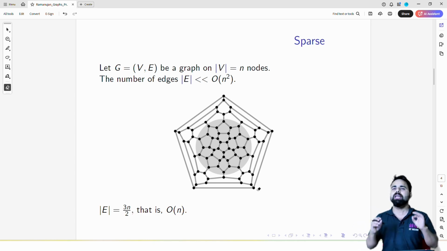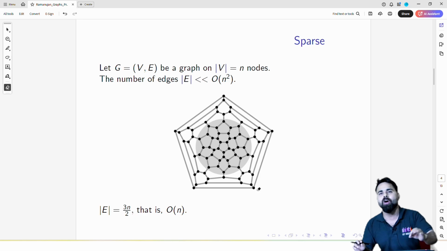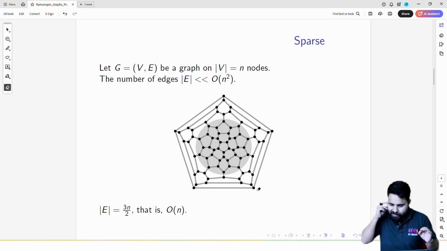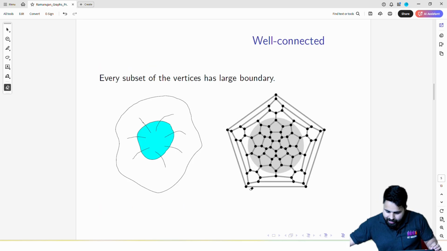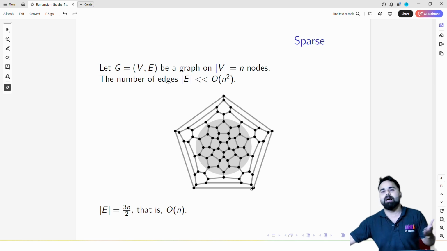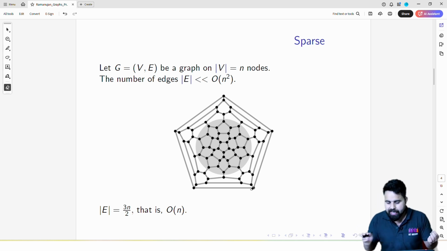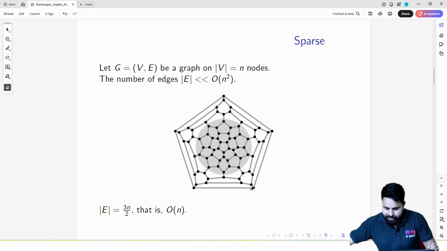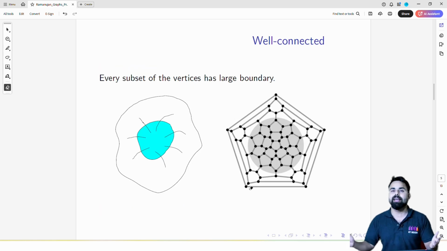So we will be focusing most of the time on the d-regular case. For example, in this graph every vertex has degree three, so it is a 3-regular graph, and the number of edges is just 3n by 2.